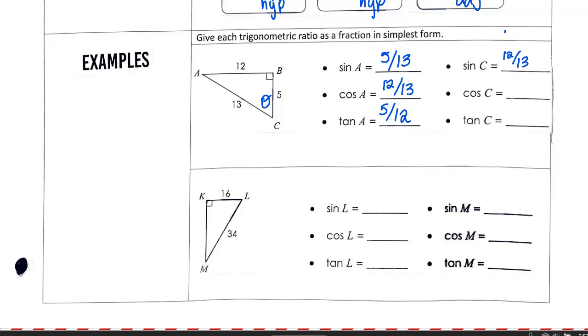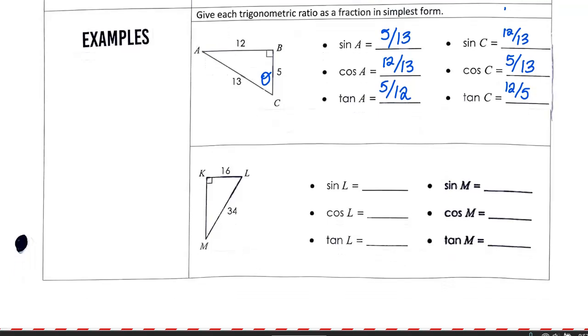Cosine of C will be the adjacent leg, which is 5, over our hypotenuse. And our tangent will be opposite over adjacent, so that's going to be 12 over 5. So you'll start to recognize patterns. One thing you can see is that these are the same, and these are just swapped.